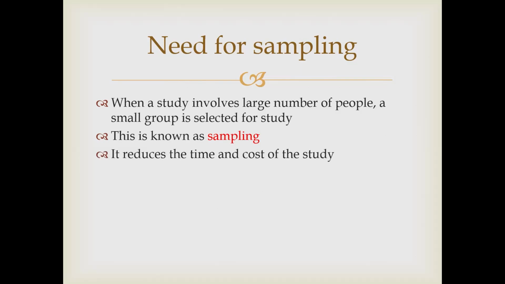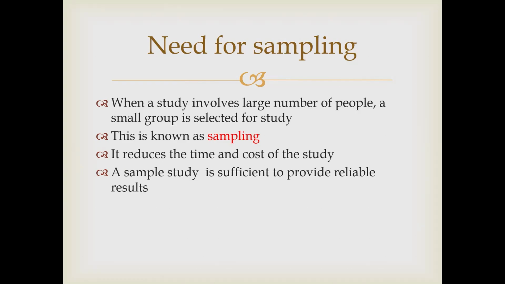What is the purpose or what is the advantage? It reduces the time and the cost of the study, first of all. If you are going to study the population, it takes a lot of time. It involves high cost, and it is not necessary to study all the people, the entire population, we say.